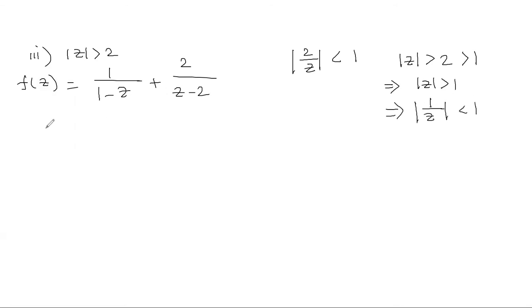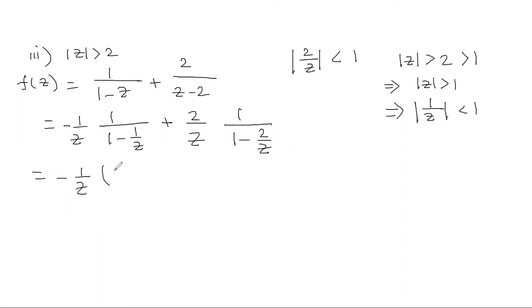So in both the cases, we'll take minus 1 by z, and here we'll get 1 minus 1 by z, and here also plus 2 by z, 1 minus 2 by z. So this can be written as 1 minus 1 by z power minus 1 plus 2 by z, 1 minus 2 by z power minus 1.